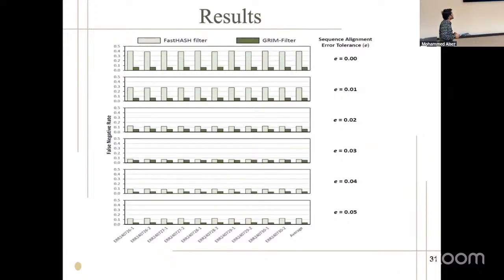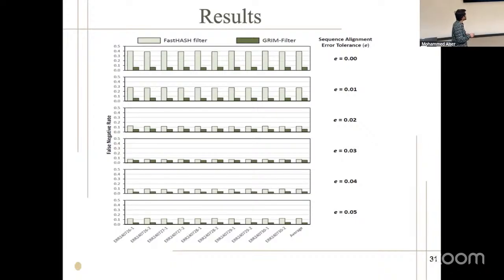Next, this is the bar chart of false negative rate for the 10 data sets they have tested, compared with a state-of-the-art method, FastHASH. The light color bar is the FastHASH filter, and the deep green is the bar for our filter.